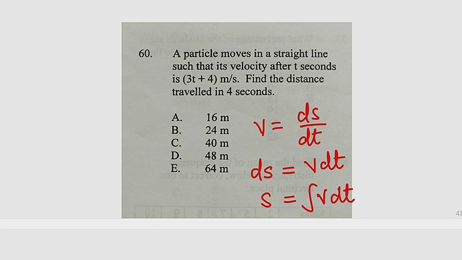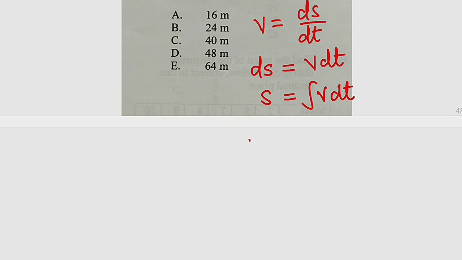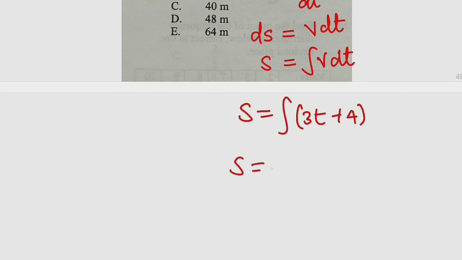So what is v? v is given as 3t plus 4. So s will be the integral of 3t plus 4. And s will be equal to 3, you raise t to the power of 1 plus 1 because naturally it has a power of 1. Plus 1 will give us 2, and you have to divide by the power 2.